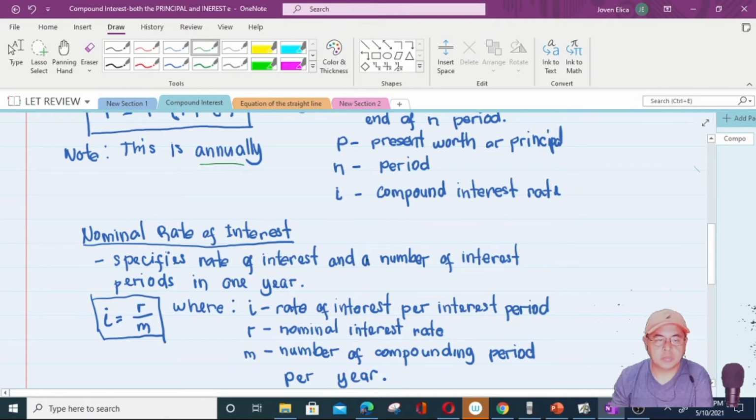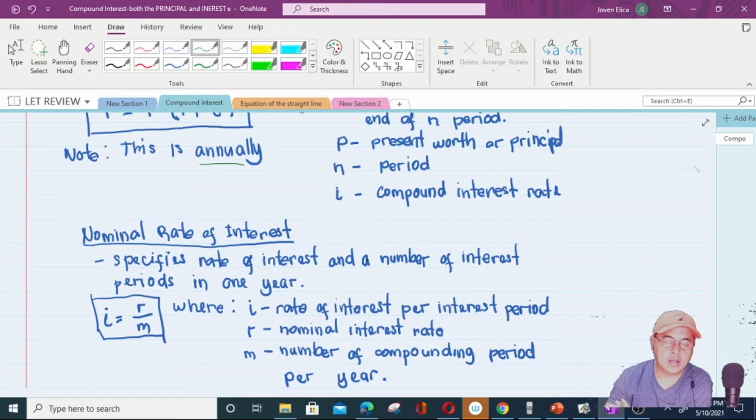So that means within that year, there is a nominal rate of interest occurring within the period of 1 year.